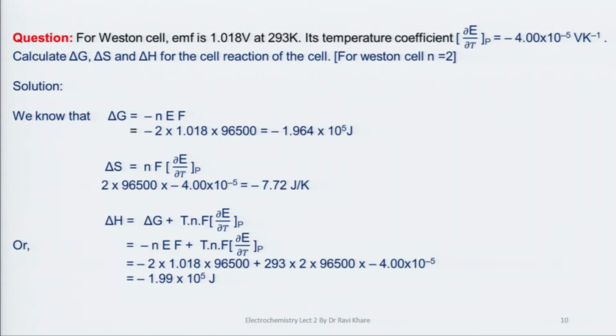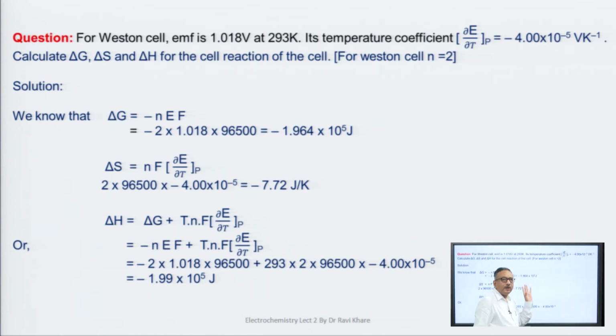Now, we will use this concept for solving various numerical problems. One numerical is here. The question is: for a Weston cell, the EMF is 1.018 volt at 293 K absolute temperature.